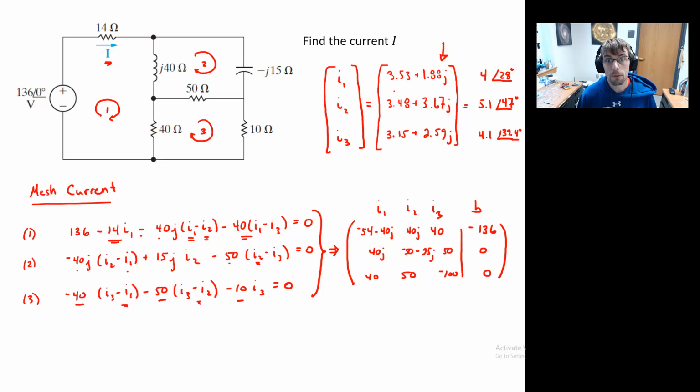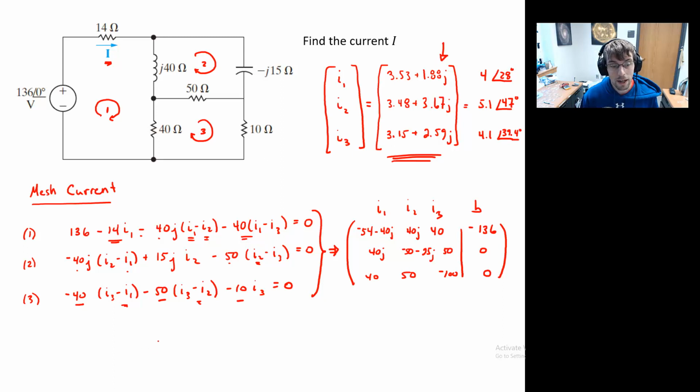Now, the other thing I'll point out that I've probably omitted is don't forget that these Cartesian representations assume that you have that e to the j omega t still going on, right?